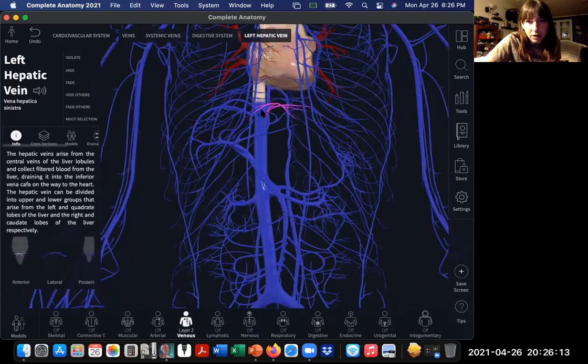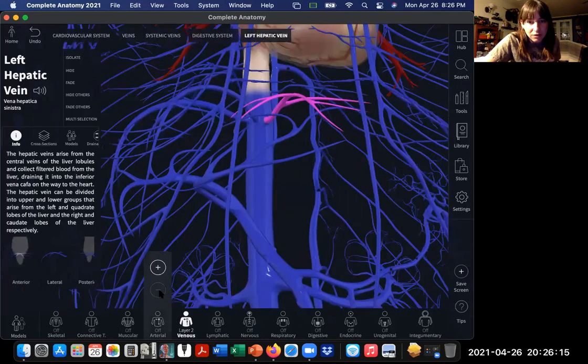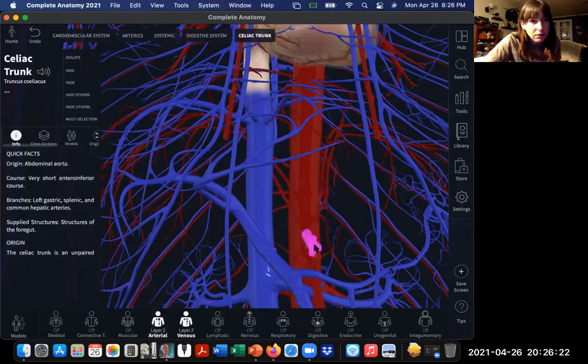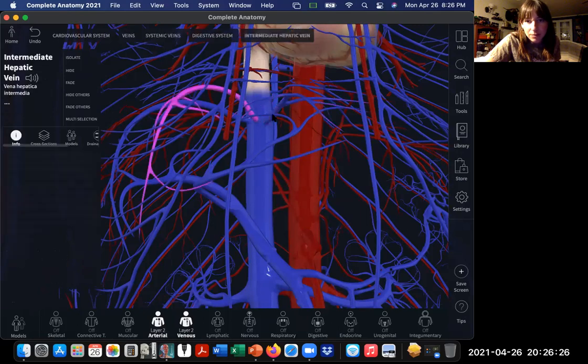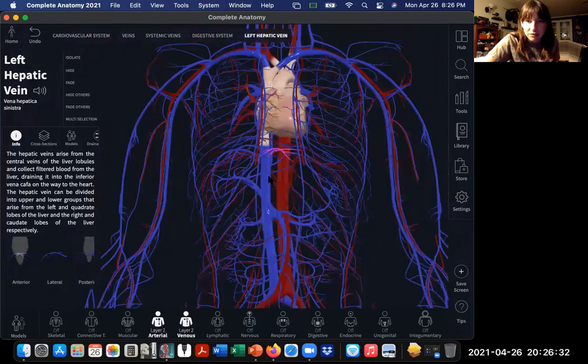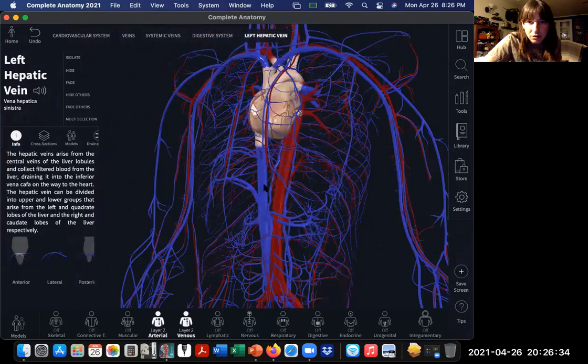Okay. We have hepatic veins, which, if I can get the right arteries going here, are going to be superior up here. These guys are going to be draining blood flow from the liver. I'm sorry, that's not correct.